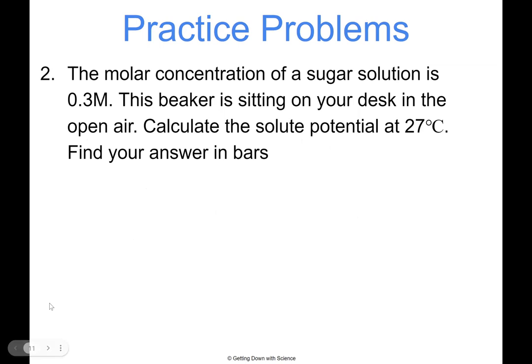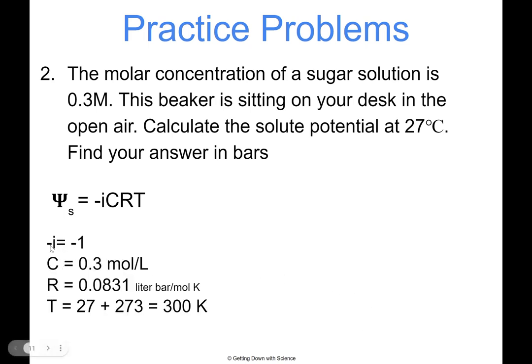The molar concentration of a sugar solution is 0.3 molar. This beaker is sitting on your desk in the open air. Calculate the solute potential at 27 degrees Celsius, and we want to find our answer in bars. Okay, so we have our formula. We know that negative i is -1 for sucrose.